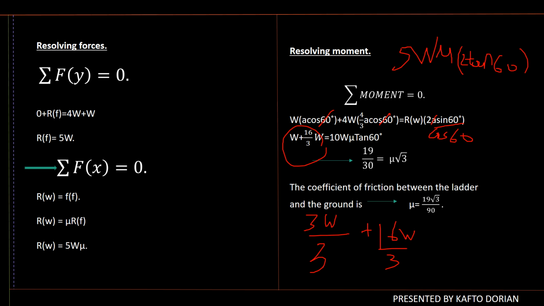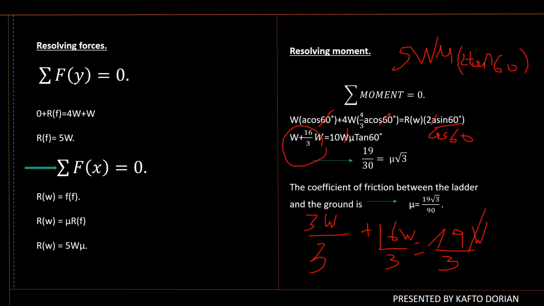So since that's the same denominator, I'll just add the numerators. So 3W plus 16W gives us what? 19W on 3. So I have 19W on 3 on this side, so we cancel the W's.